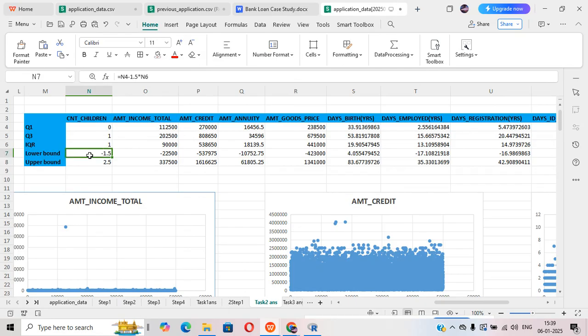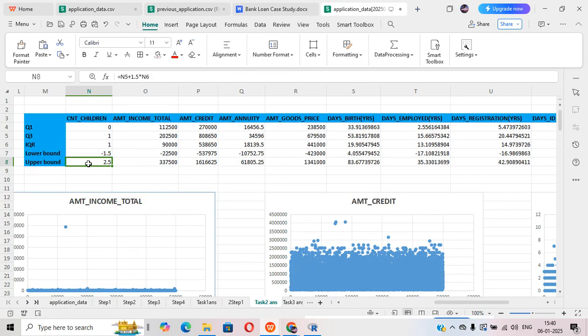For the lower bound, I multiplied 1.5 into IQR and subtracted it from quartile 1.